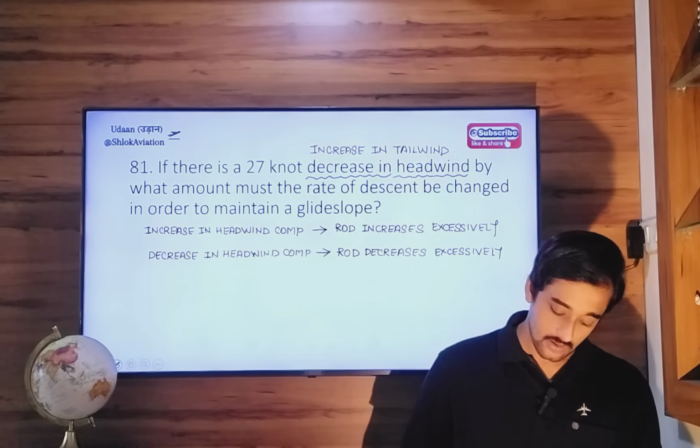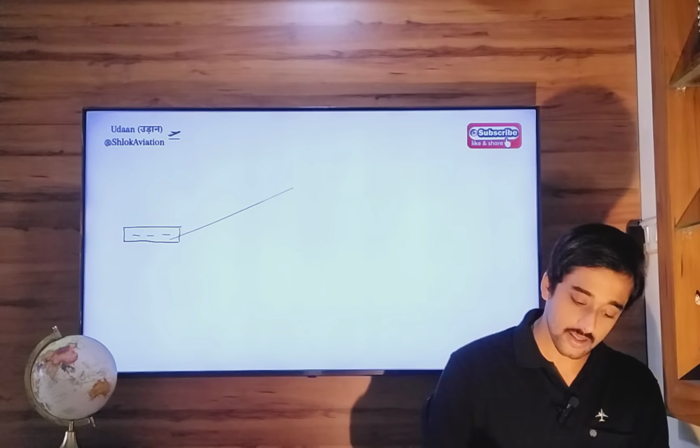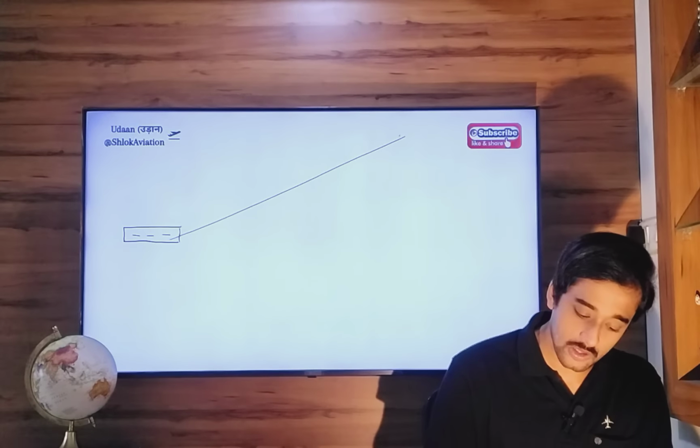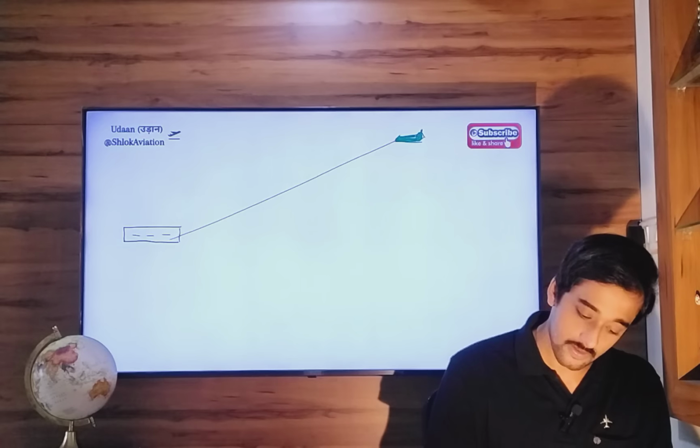So let's say this is your runway here, and this is your 3-degree glide path. You are expected to maintain and follow this glide path down to the runway. So this is your aircraft.